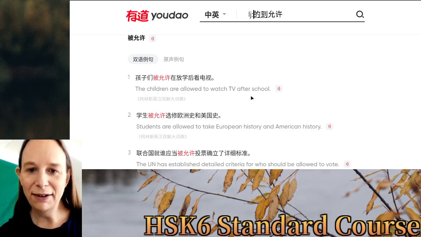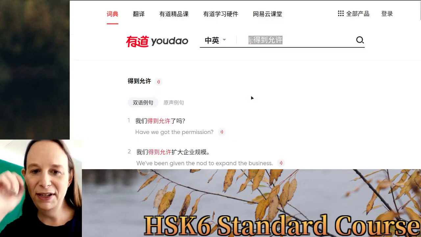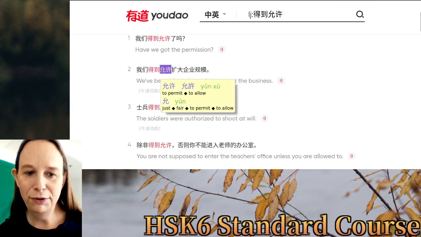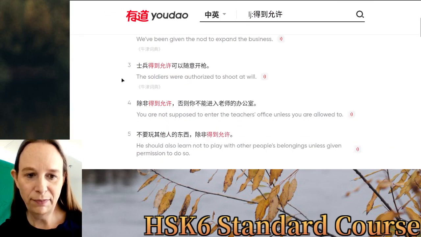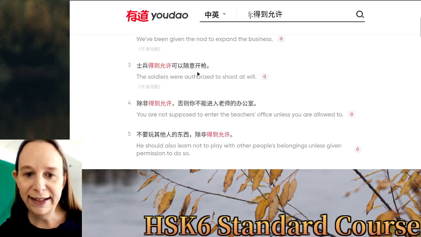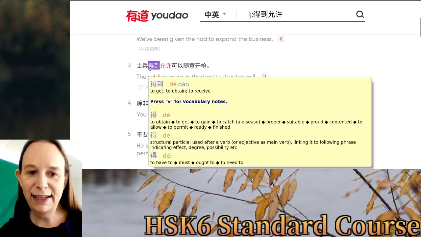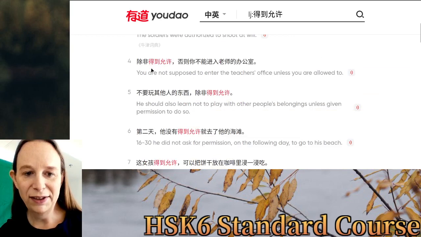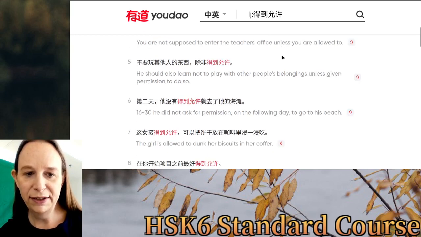Oh no, maybe 得到 is receive permission, so it may be different. 得到允许士兵得到允许可以随意开枪 Yeah, so received authorization to fire at will. 除非得到允许 Unless you receive permission, 否则你不能进入老师的办公室 You're not allowed to go in the teacher's office.